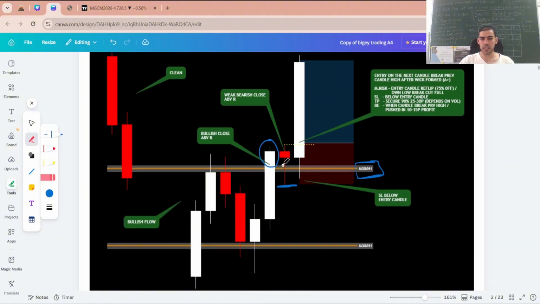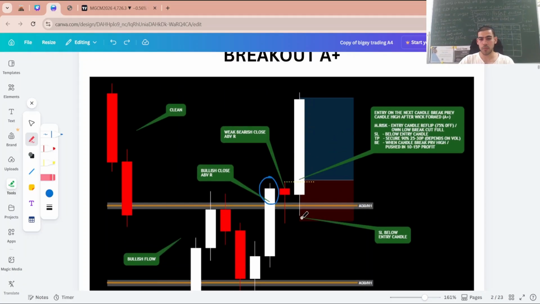After this candle is closed this way, you will place your buy stop order right here, on the break of the high of this candle. Your stop loss will be below the current candle or the previous candle, depending on how many pips this candle is, and you will target the range to the left-hand side. As simple as that.